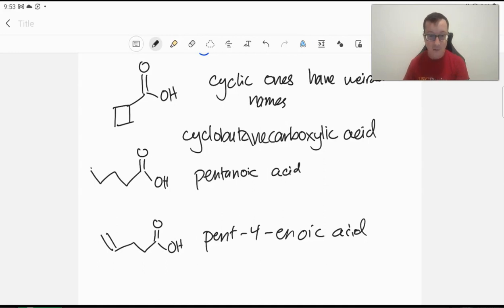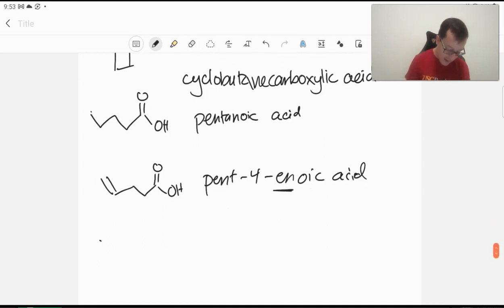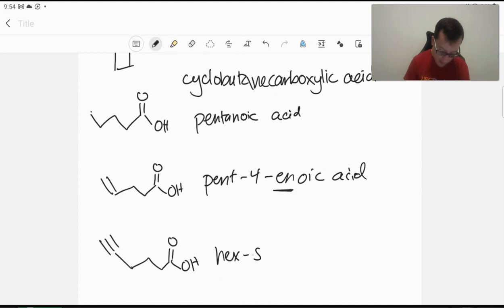So it has to be at the terminus of something. So notice we have pentenoic acid this time because we have an alkene. Or if we had an alkyne, I think 1, 2, 3, 4, 5, 6, this time we have hex-5-ynoic acid.